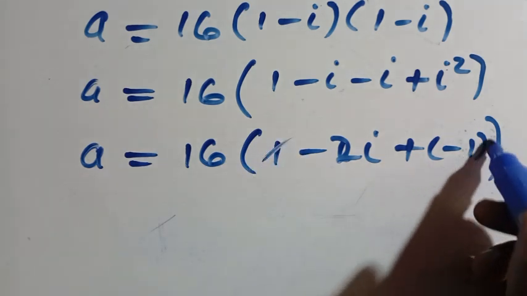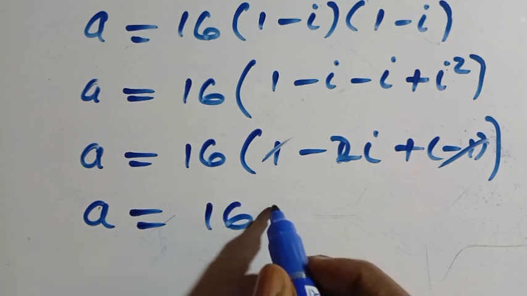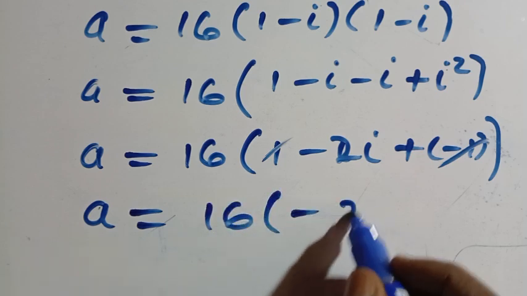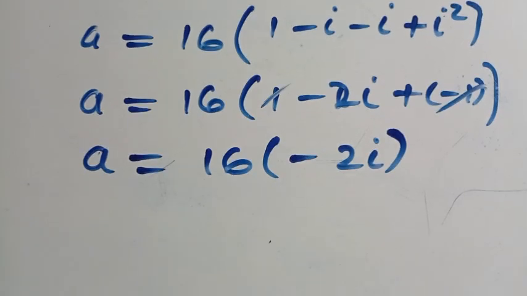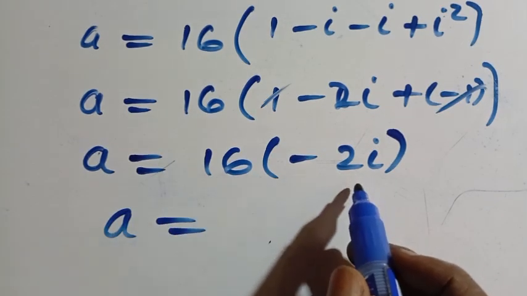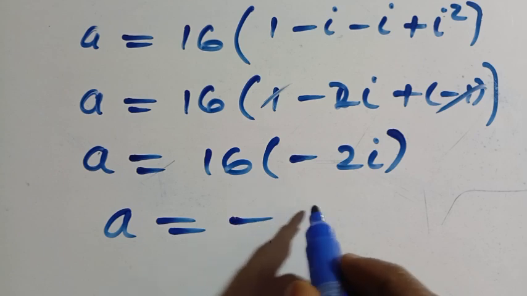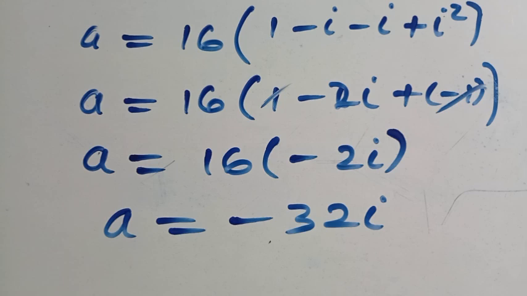So by cancelling this and this, we have a equals 16 into bracket of minus 2i. And from here, we have our a equals, when 16 multiplied by minus 2i, we have it as minus 32i. And minus 32i is the solution to this problem.